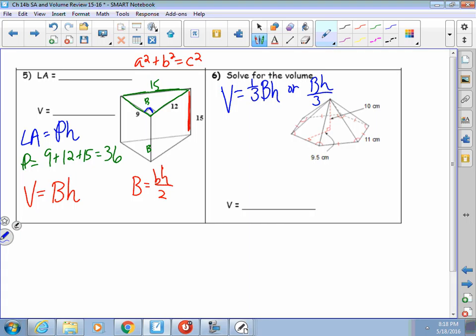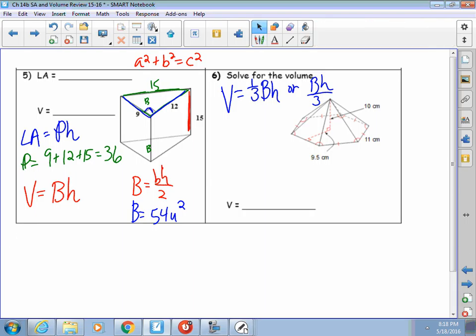The perpendicular sides are the 9 and the 12. So we will be using 9 and 12 as the base and the height, and then divide that by 2. That will give us our B. So hopefully you got your B to be 54 units squared. And then we're plugging in to find our volume.